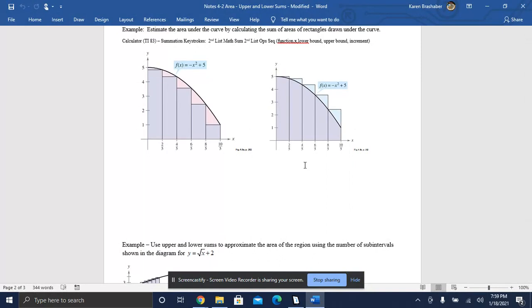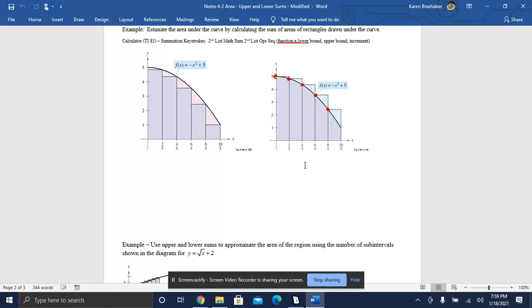diagram. Now for that diagram, we have rectangles where instead of the right endpoint being on the curve, each one of the rectangles is drawn so that the left endpoint of each rectangle is on the curve. So the left endpoint of each rectangle is going to tell us how high each rectangle is.